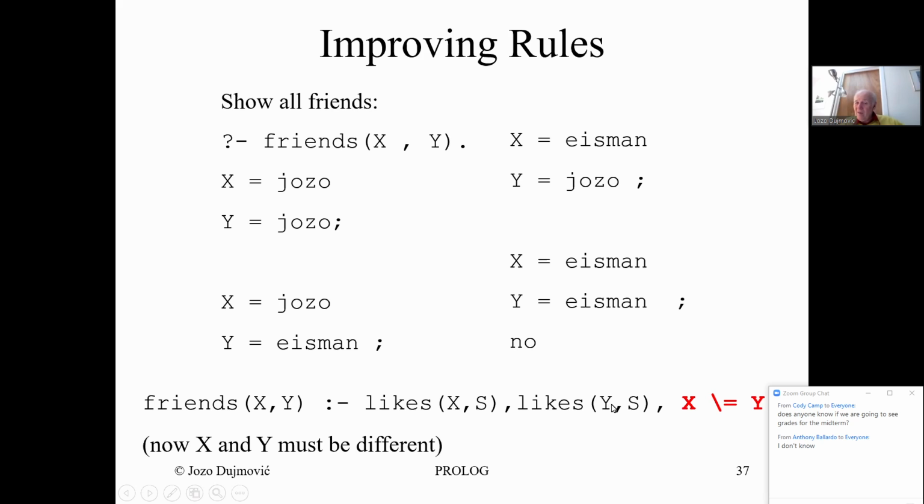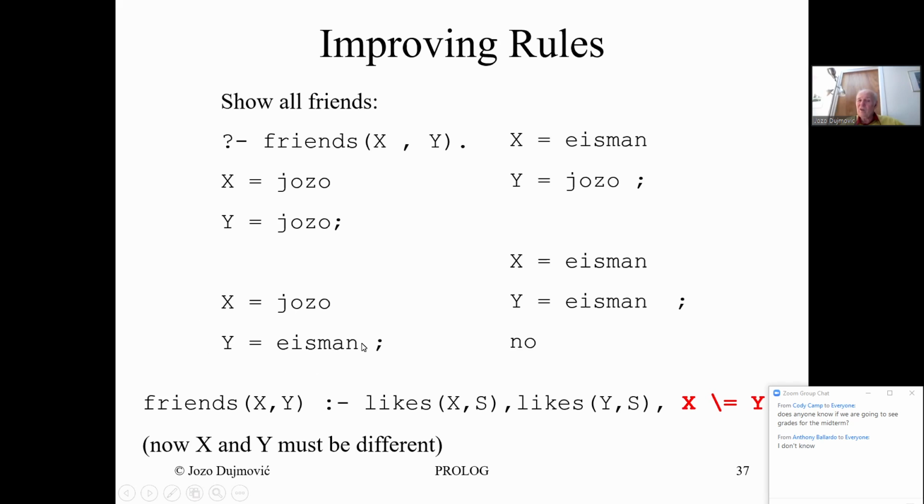And now we'll have X is Yozo, Y is Iceman. We'll come here and say, Yozo is different from Iceman. Yes. So when you satisfy these three goals, then you have X and Y that satisfied all three goals, and you give the user the result. X is Yozo, Y is Iceman.